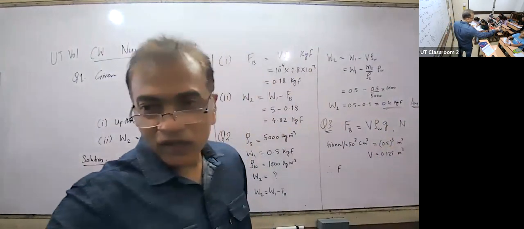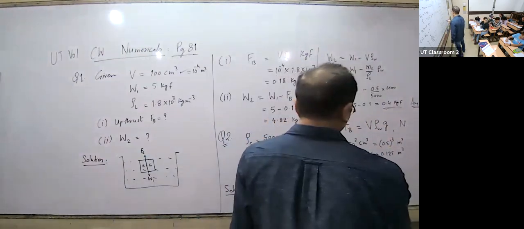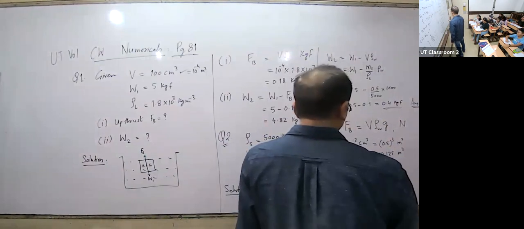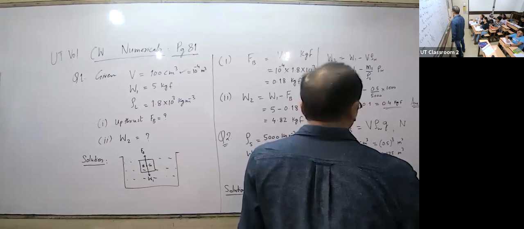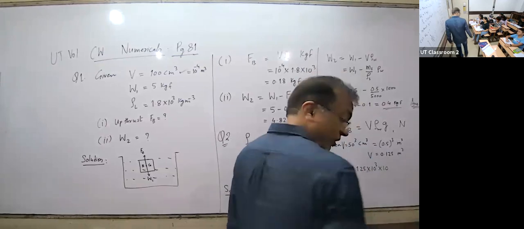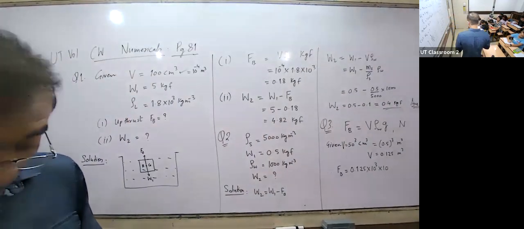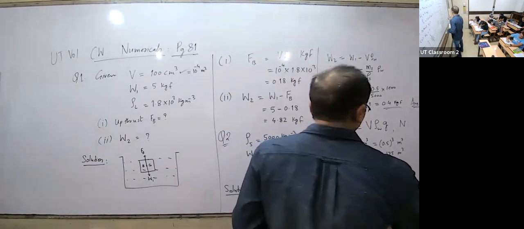So it is V, rho W and g. What was V? 10 raised to 3 into 10. For g, do you have to take 10 or 9.8? 9.8. So you have to take 9.8.